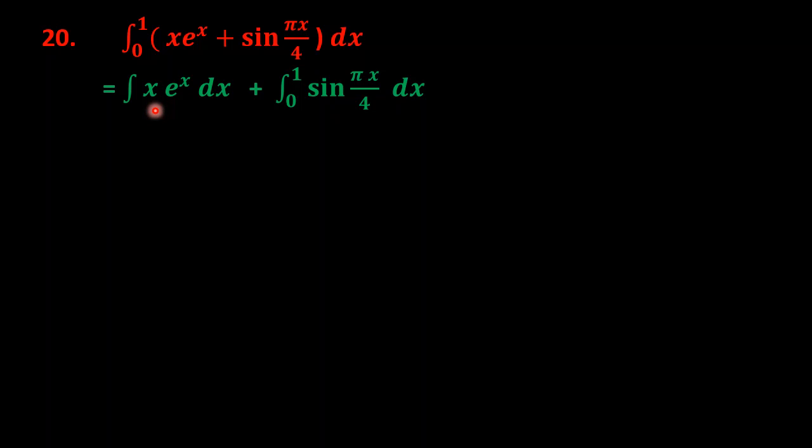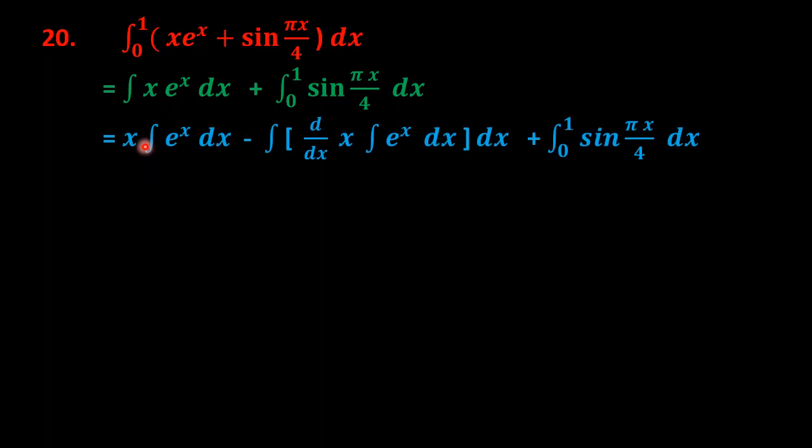Now applying the rule of product of integration: second function into integration of first function, minus integration of within bracket differentiation of second function into integration of first function, plus this will remain as it is.